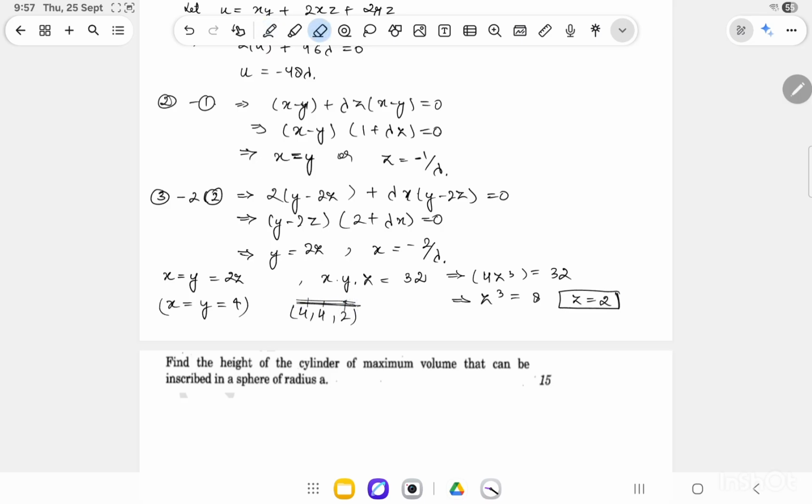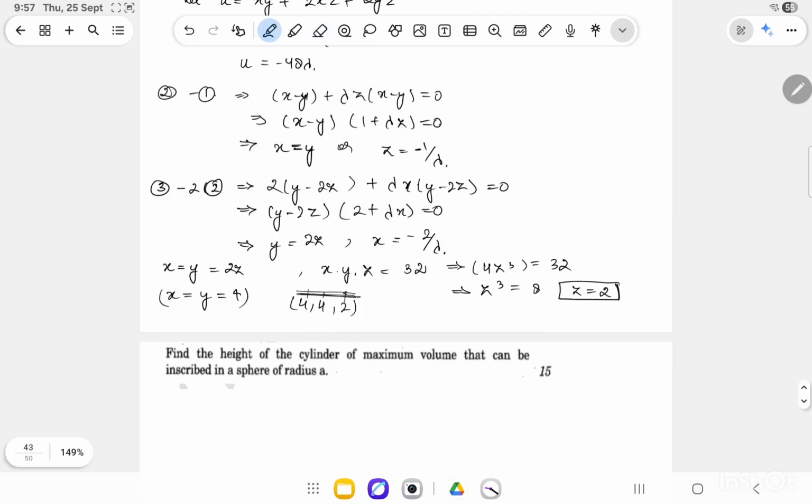Now we're supposed to check whether the surface area is basically minimum at this point. For that we need to find d square of f, and it will be minimum at this point, that is 4, 4, 2, if it turns out to be greater than 0.